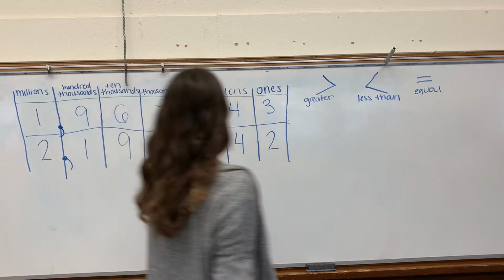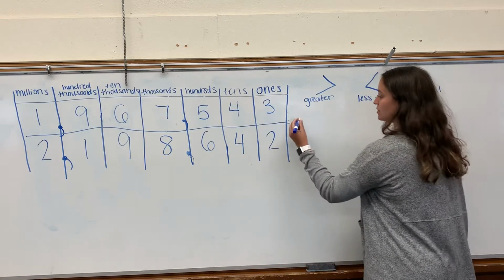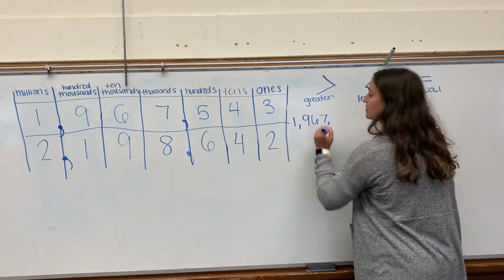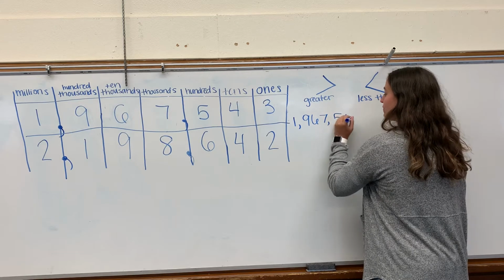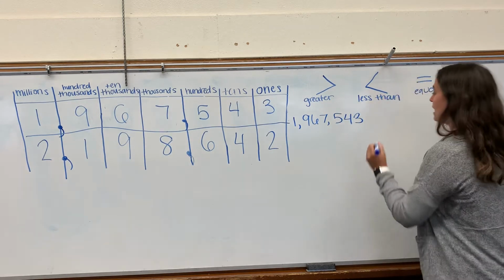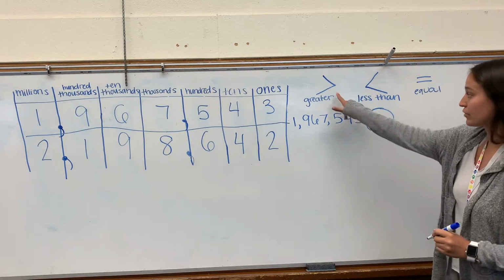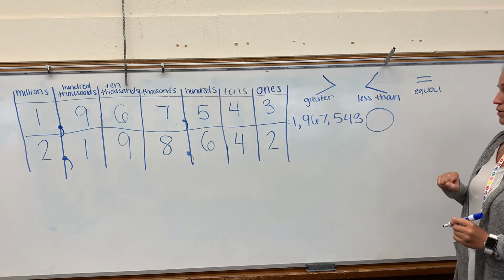So I'm going to write this number first. 1,967,543, and then I'm going to leave a circle right here. This is where I'm going to put either greater than, less than, or equal to, okay?